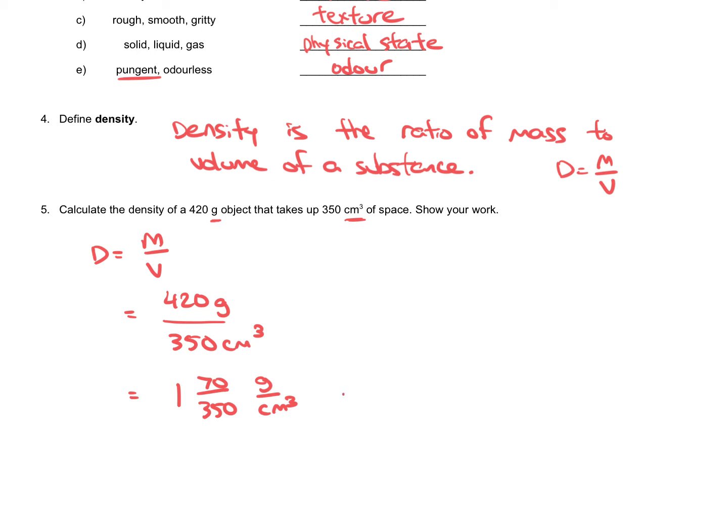So this is a nice number. It works out to be 1.2 grams per centimeter cubed. So you do need to write the correct units of density. They look like this. There's always a slash in it for the units of density. It's some kind of a mass unit slash some kind of a volume unit.